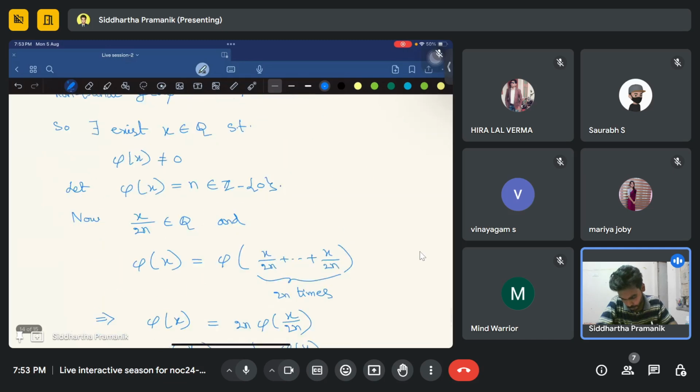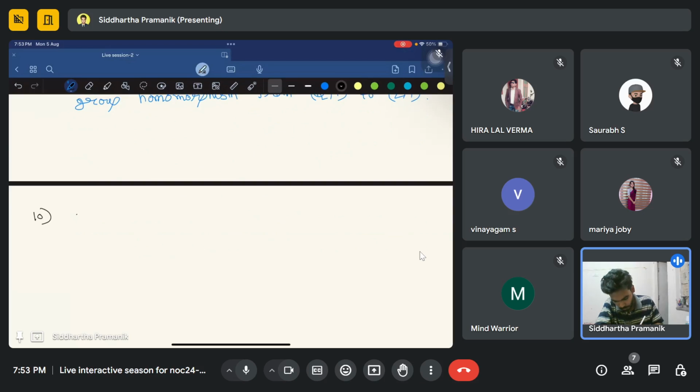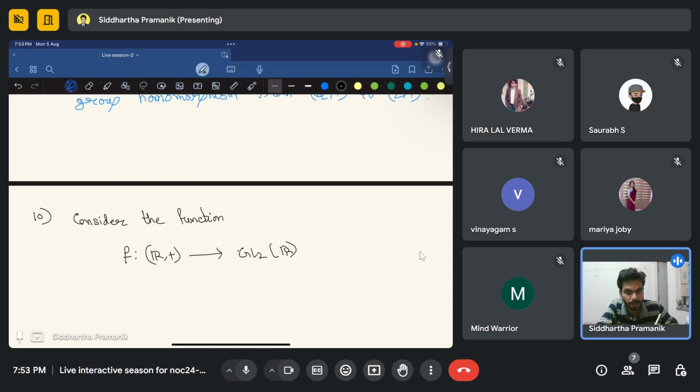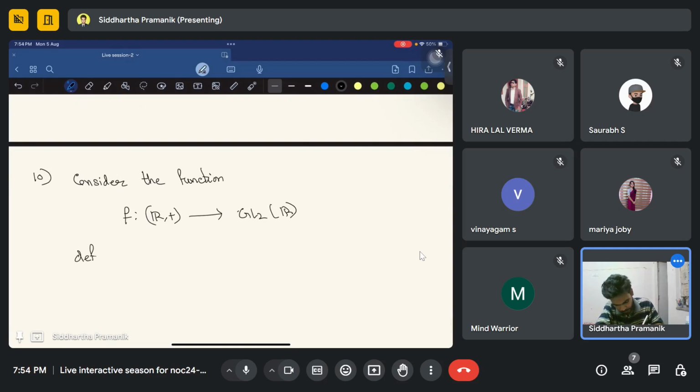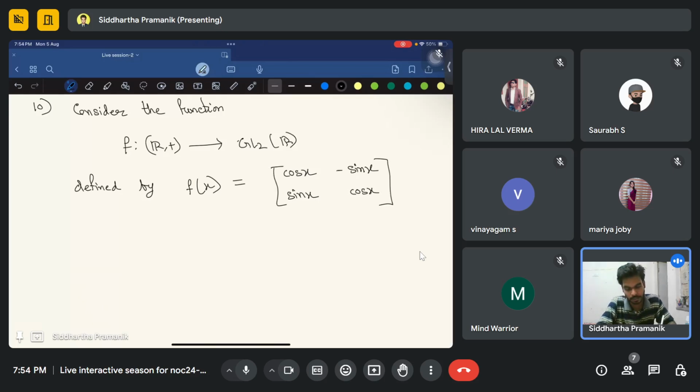Okay, let me ask one more question about homomorphisms. So consider the function f from the real numbers under addition to the group GL2(R), the set of all invertible 2 by 2 matrices over real numbers, defined by f of x equals the matrix with rows cos x, minus sin x, and sin x, cos x.